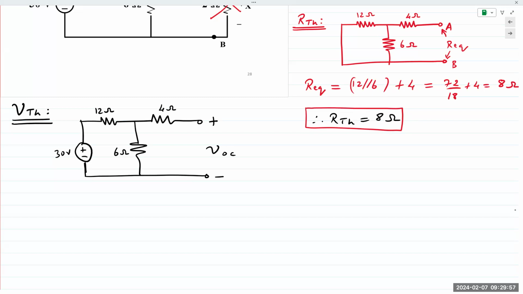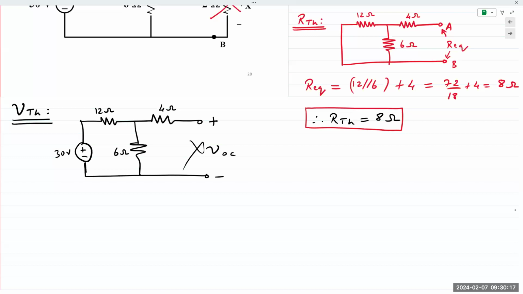I particularly like this circuit. It's a very simple circuit, but it's a very important concept of electrical engineering. So what do we see here? We have 3 resistors, 12, 4, and 6 ohms. 2 ohms, of course, is not part of the circuit, right?